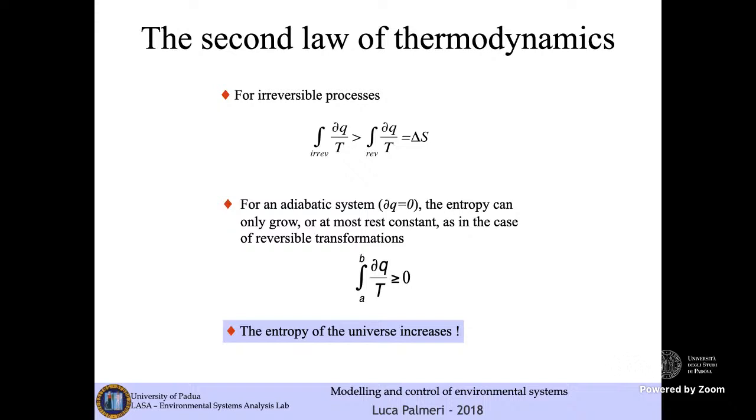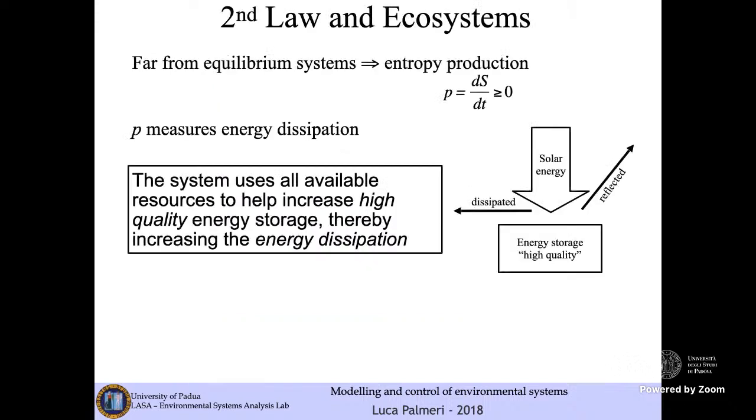In this case, the entropy of the universe increases. The second law of thermodynamics may be restated in this very fancy way by saying that the entropy of the universe always increases. So in all processes of thermal transformation, from one state to another, the entropy of the system rises.